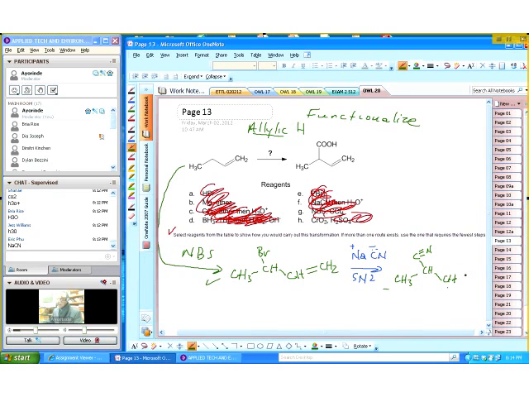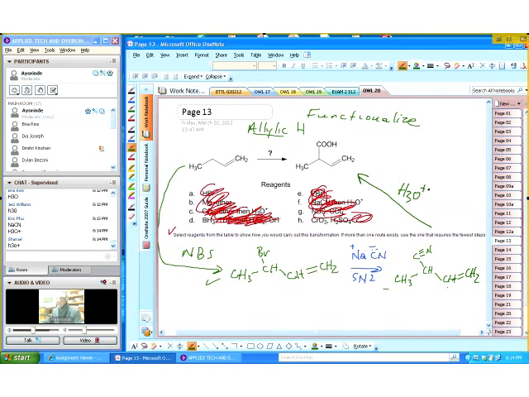The cyanide, and then you have that. Then you now take that. How do you go from the cyanide to the carboxylic acid? Hydronium ion, excellent.